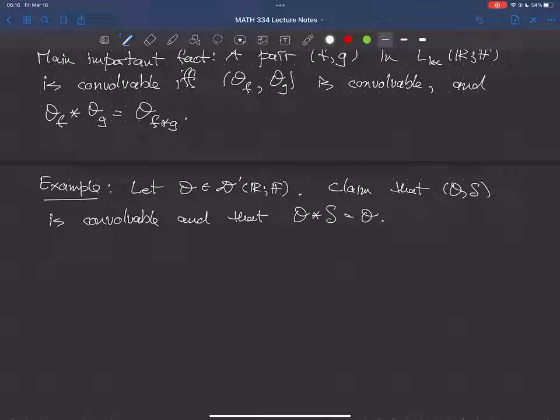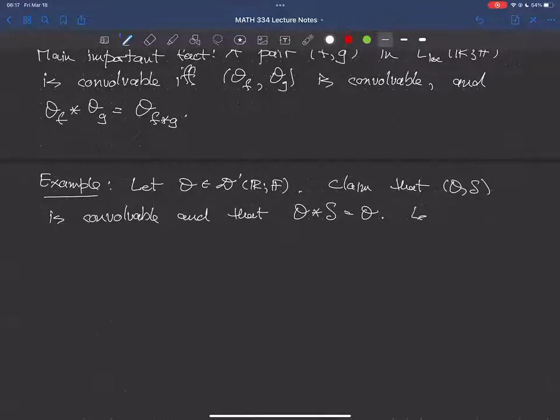All right. First, let phi be a test function and psi a test function.